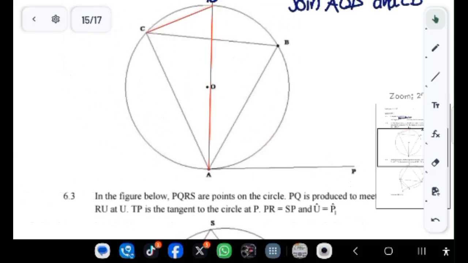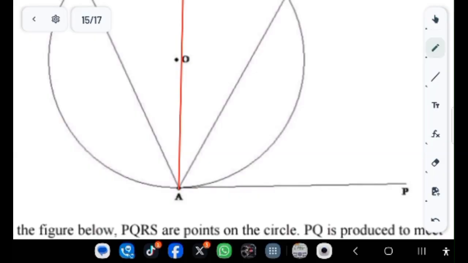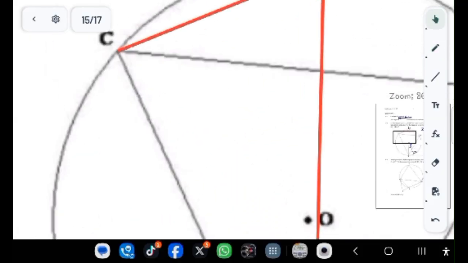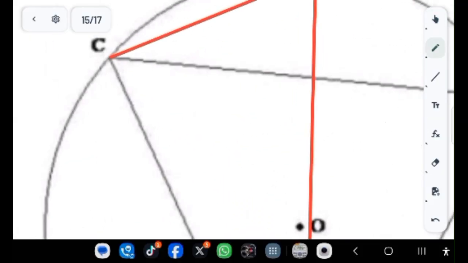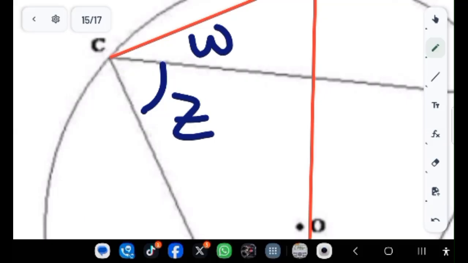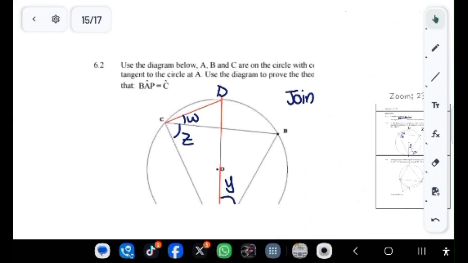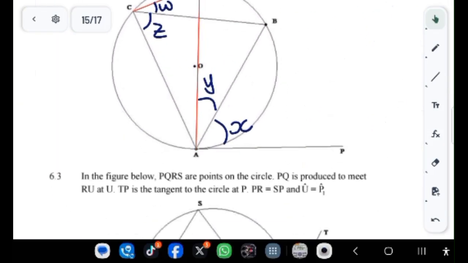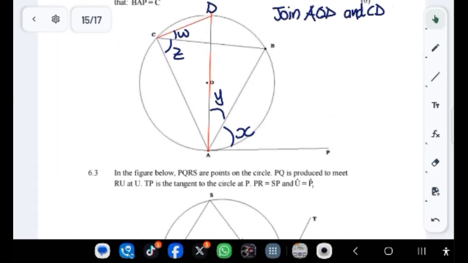Let BAP be equal to X, and this be equal to Y. This be equal to Z and that be equal to W. X plus Y equals 90 degrees.